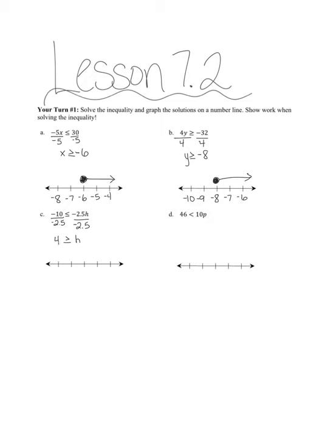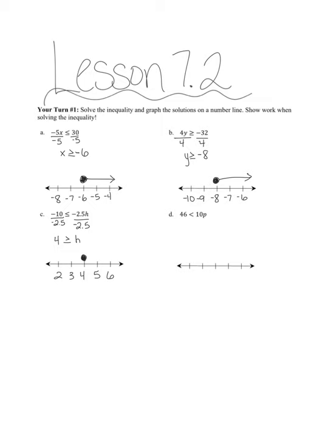So I'm going to put 4 on my number line. And then I've got 3 and 2 and 5 and 6. Put my circle at 4. I am going to fill it in because it's also equal to. And my inequality states that 4 is greater than or equal to h.